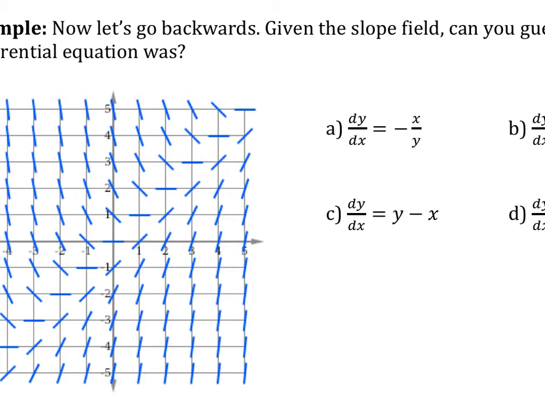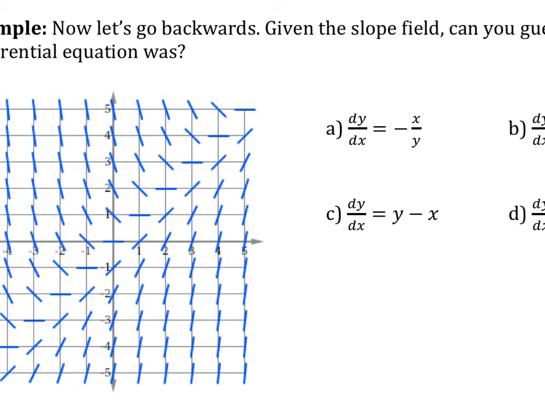So this is 1, 1. 1, 1 is supposed to give you 0. Check to see which is going to give you 0. So not A, not D. So you have to decide between B or C. Okay, you also may want to check something like this.